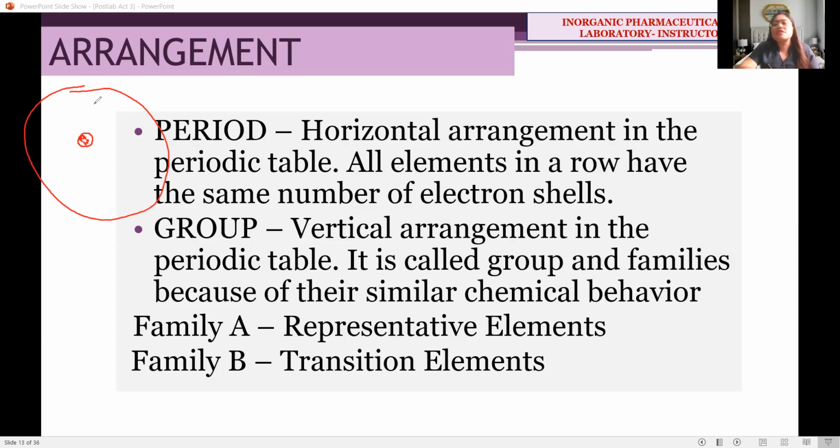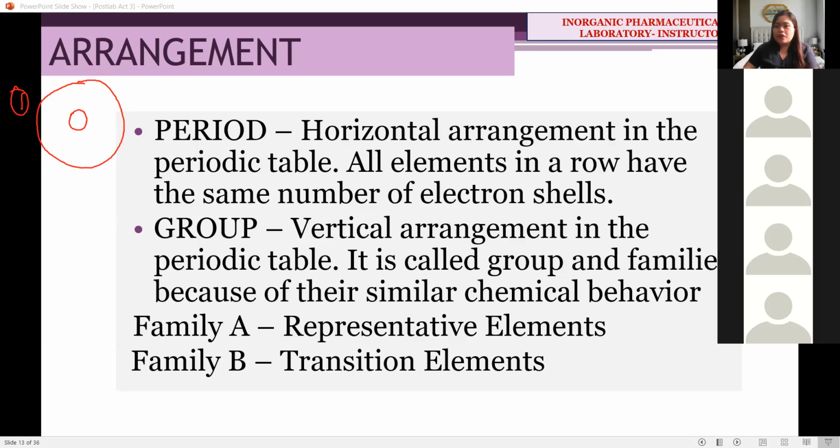And these electrons are arranged in electron shells. So that means if an element is in period number 1, like hydrogen, it has only one electron shell. Let me rewrite my drawing. If it is in period number 1, and this is the nucleus, it has only one electron shell. Again, in the electron shell is where we find its electrons. In the nucleus, protons and neutrons.